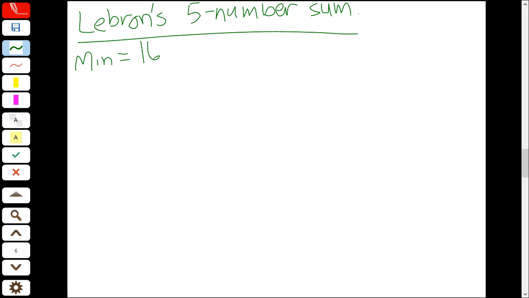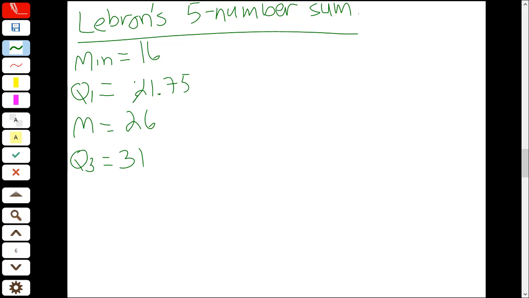The fewest number of points he scored in a game was 16. Q1 is, that's strange, 21.75. His median is 26. Third quartile is 31. And the max was 44.